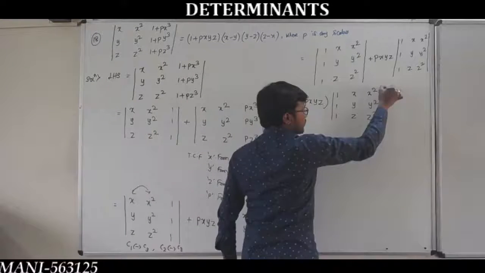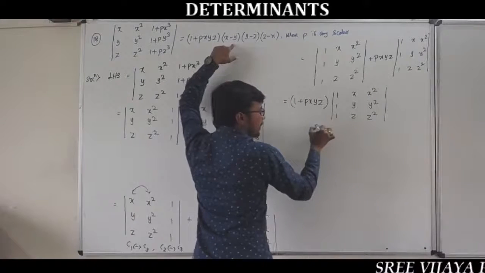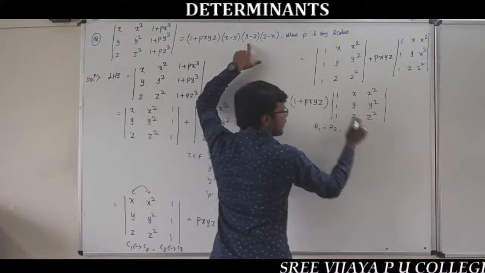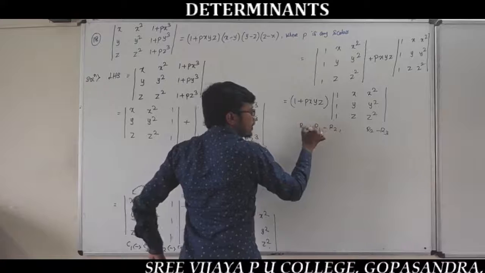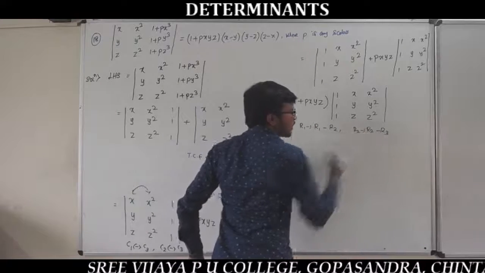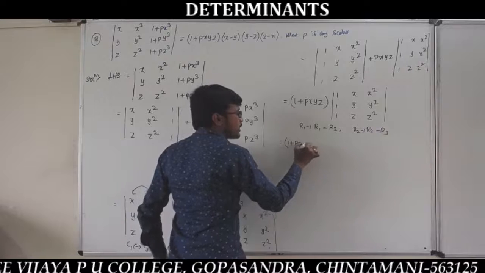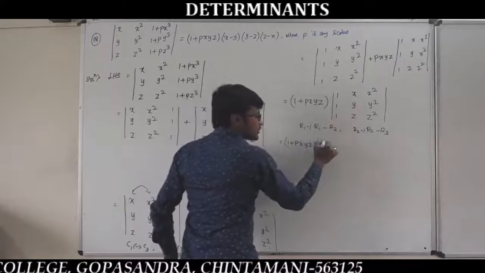Okay. Now for x minus y, what can we do? x minus y is R1 minus R2. Next for y minus z, R2 minus R3. For this, which rows will change? Here R1 will change, here R2 will change. Right, that's it. 1 plus p times xyz. R1 minus R2: 1 minus 1, 0.